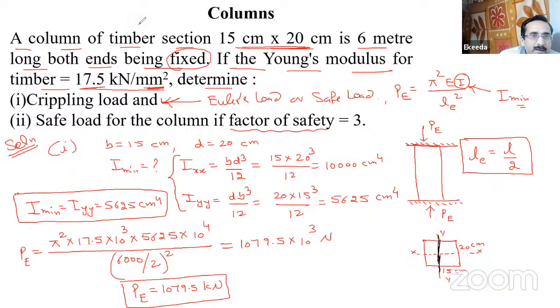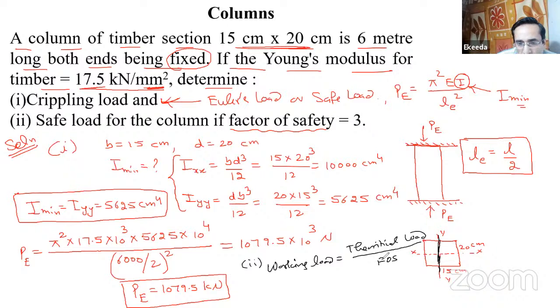In the second part, we are given the factor of safety. So we have to find out the safe working load, right? So working load will be equal to the theoretical safe load divided by factor of safety.